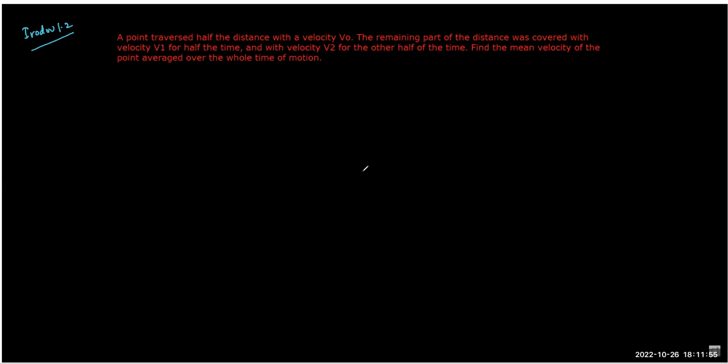Okay, read the question. You have to be very careful in reading the question because everything is in the language itself, and if you are able to decode the language clearly, then the question is easy.